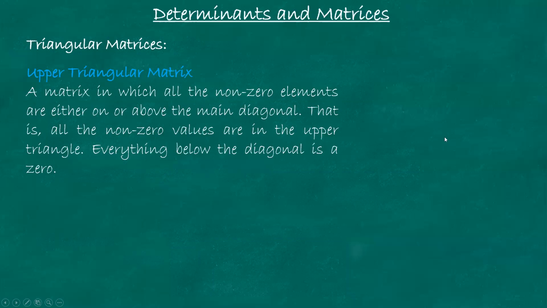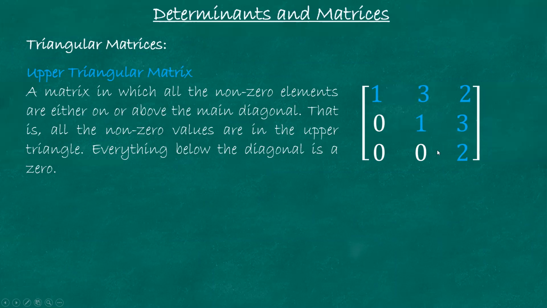Everything below the diagonal is zero. Pwede yun sa main diagonal, pwede po na yun. Ang 0 is kani. 0, 0. Pwede. So, pwede yun pwede sa dire. Basta kay ang numbers below the diagonal are 0.